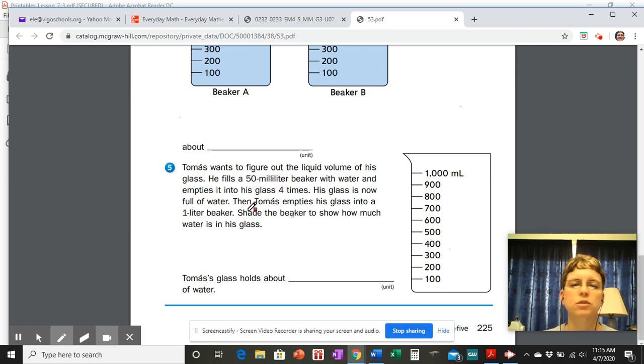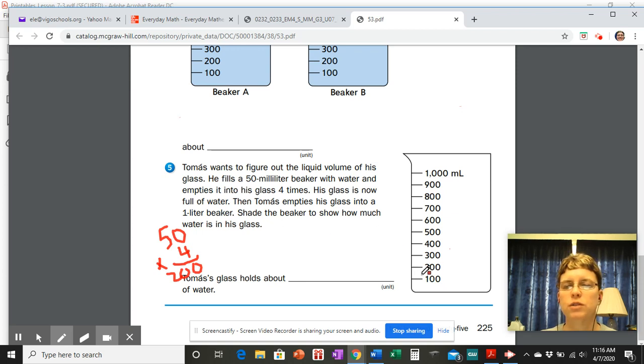Well, first we need to do 50 times 4. Because if he filled his glass up 4 times, so 0 times 4 gives me 0, 5 times 4 gives me 20, so that's going to give me 200 milliliters.